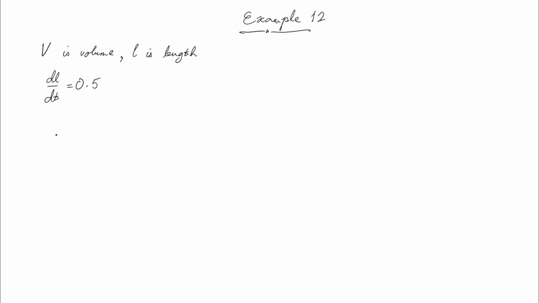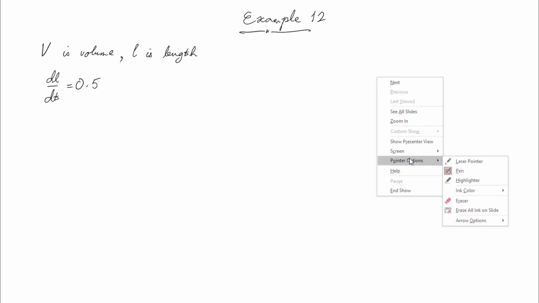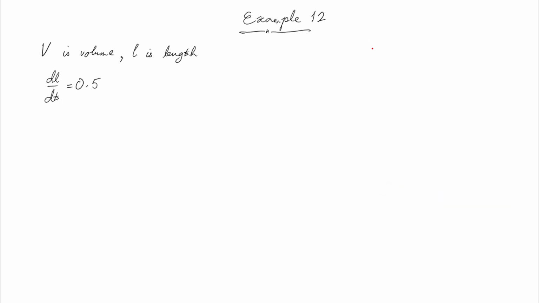Next, since this is going to be the rate of change of volume, like I said before, it's always a good start to write your objective: finding the rate of change of volume, which is dV over dt. Given in the question is dl over dt. So to complete this chain rule, you need dV over dl.